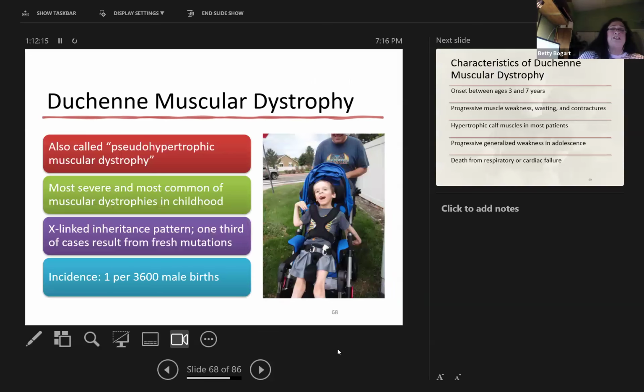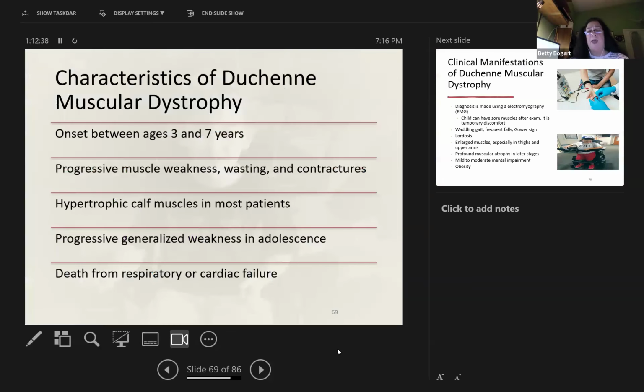Now, Duchenne muscular dystrophy is the one that is tested on. This is the muscular dystrophy that they describe muscular dystrophies with. Now, this is one that affects boys, and it comes from mommy, a recessive X-linked trait that gives this disease to the boy. These boys are usually diagnosed between the ages of 3 to 7.